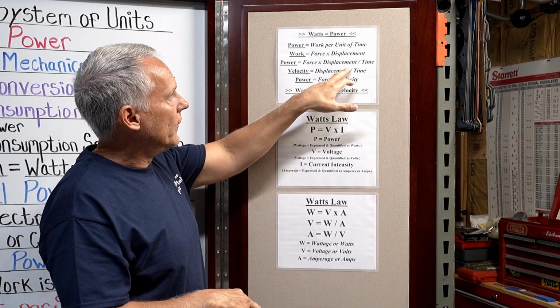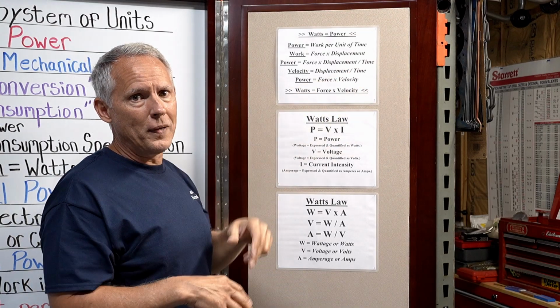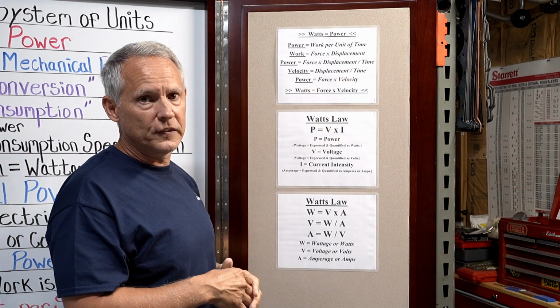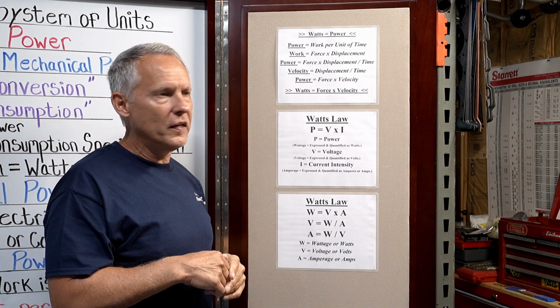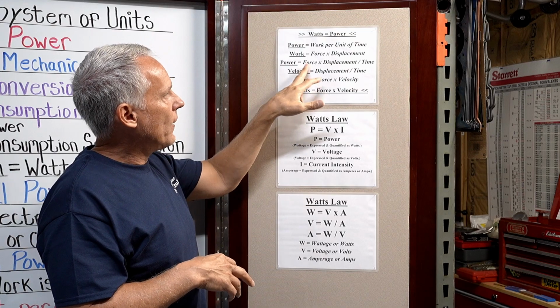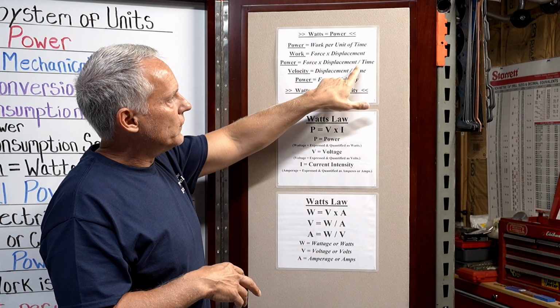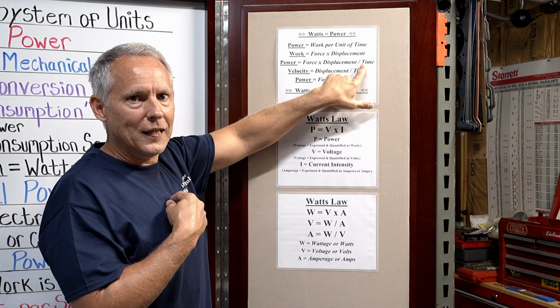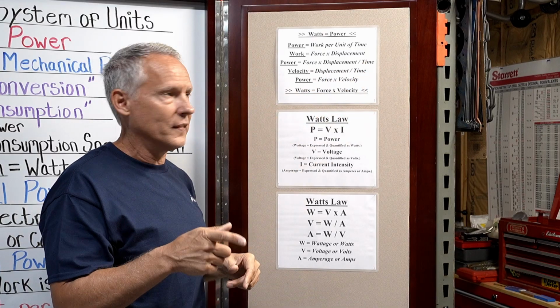But Joe did it in 2 minutes. Stan did it in 4 minutes. I did it in 8 minutes. So Joe did it twice as fast as Stan. He did it 4 times as fast as me. So the equation would state that we performed the same work, but Joe did it in 2 minutes, Stan did it in 4 minutes, I did it in 8 minutes. So what that means is this.